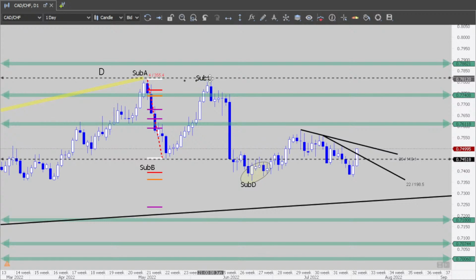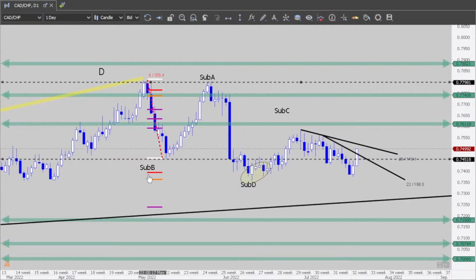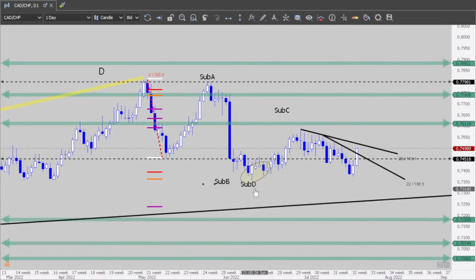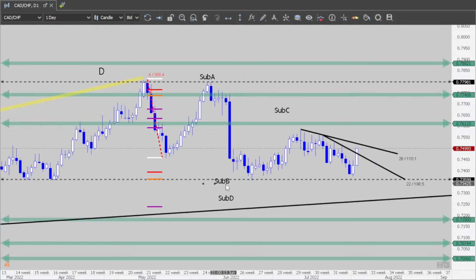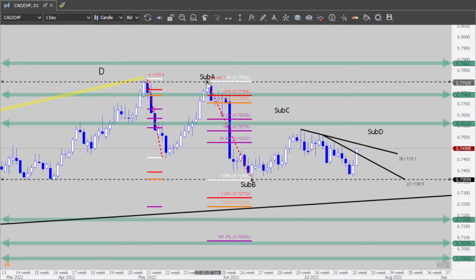So again, sub A goes to sub C, and sub B goes to, exactly, sub B goes to sub D. And Fibonacci retracement tool, talking about the contrarian.